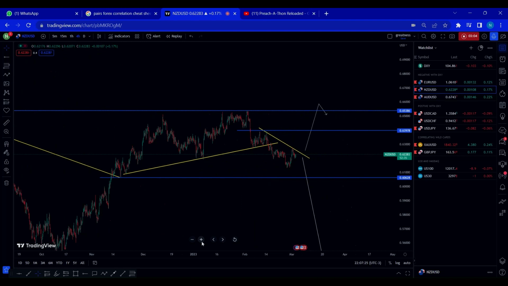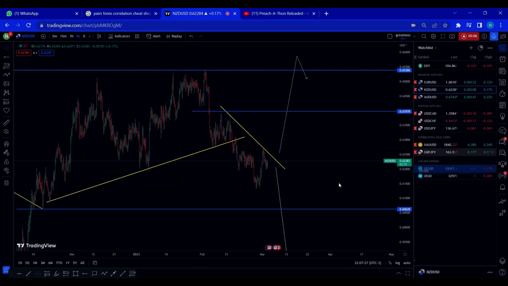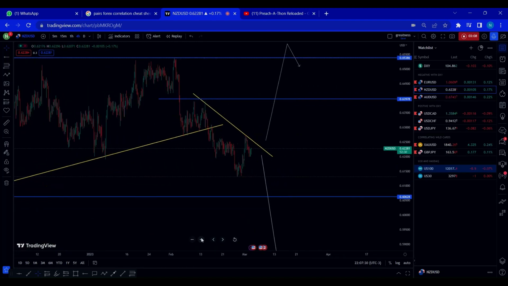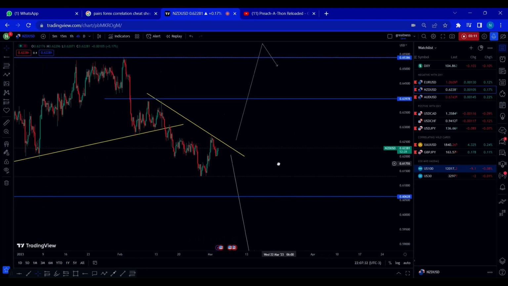Since this is acting as a resistance, what am I seeing? Remember, Euro USD is selling. Since Euro USD is selling, I'm also looking for sells here, but the dollar index will give us direction. What I'm actually looking for, I can take my fib from here until here, and I know the market can push up to this zone and actually reject, taking out this low first before we take out our other lows.